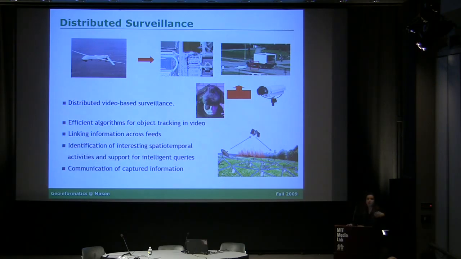It's not a straightforward issue to have feeds from a variety of sensors or cameras and integrate them in a way that we can identify phenomena and activities of interest and respond to queries, because the ultimate goal is to answer queries about whether something is happening, whether something is suspicious, or whether action is needed. Obviously, the end product is the communication of the captured information.